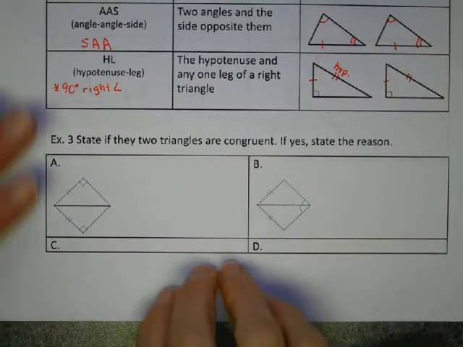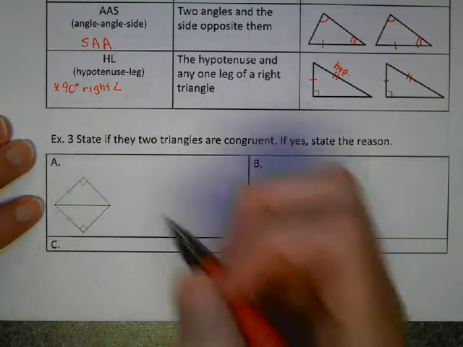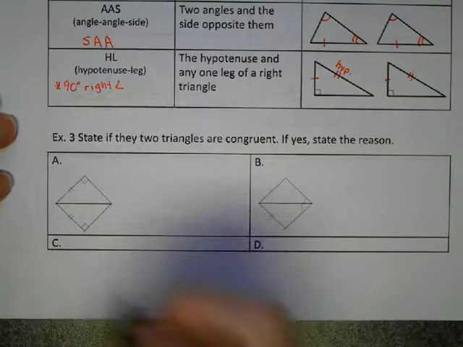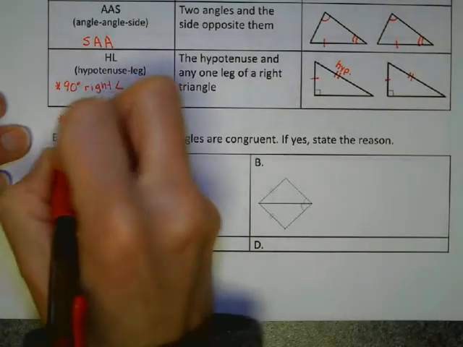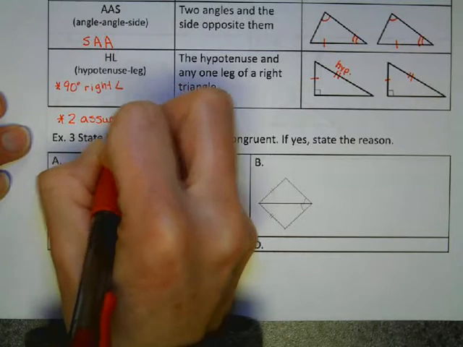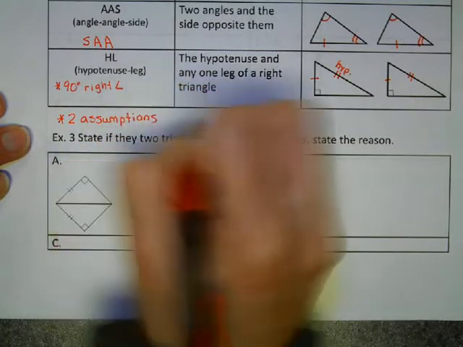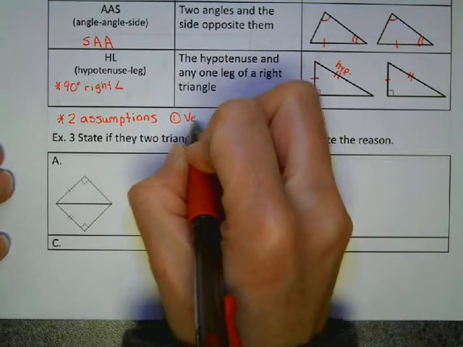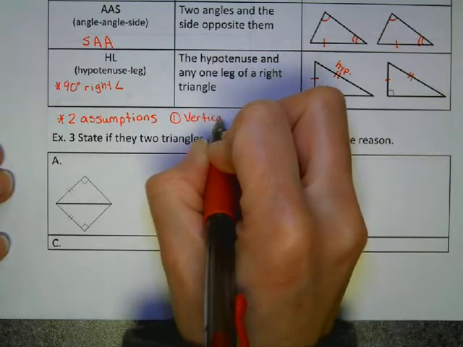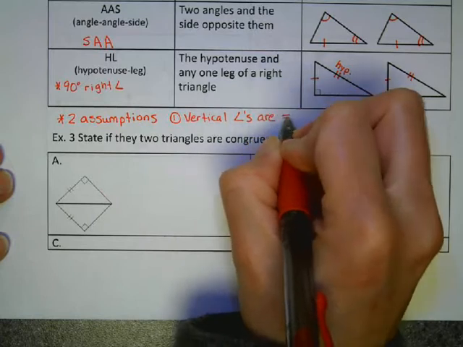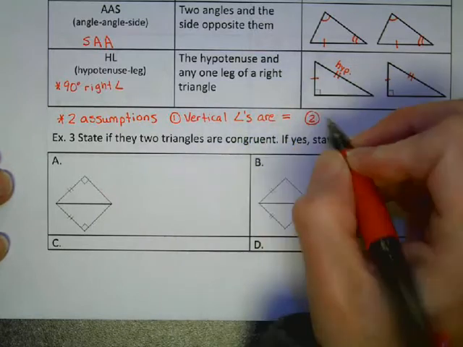In this picture, there are 2 assumptions you can make from a picture. One, that vertical angles are congruent. And 2, if they share a side, it has to be congruent.